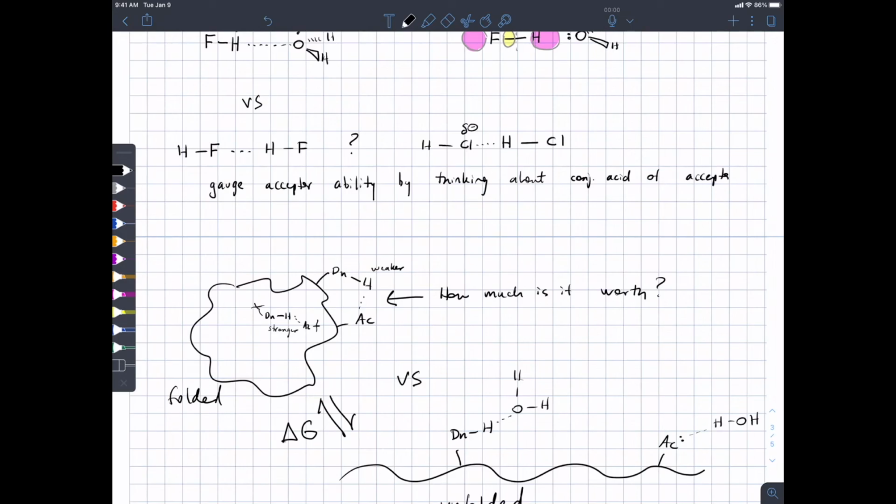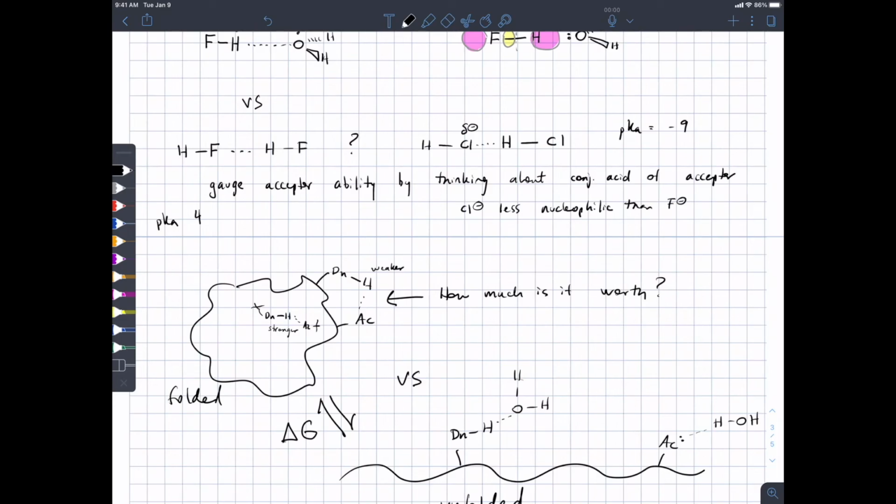As an example, if I want to know how strong an interaction is involving fluorine, the pKa of HF is about 4. The pKa of HCl is like -9, which tells you that chlorine is much less nucleophilic than fluorine, at least in certain solvents.